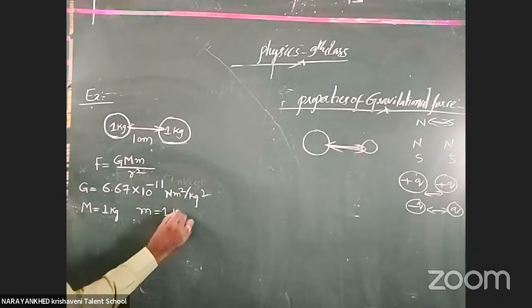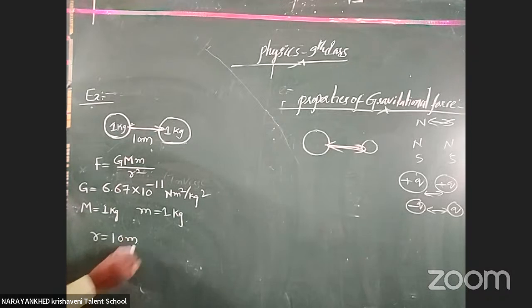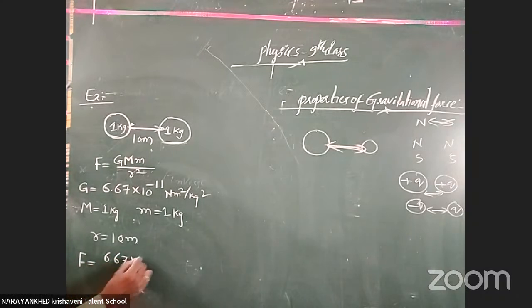The R value is 10 meters. Now substituting these values, F is equal to 6.67 into 10 to the power of minus 11 into 1 into 1 by 10 square.